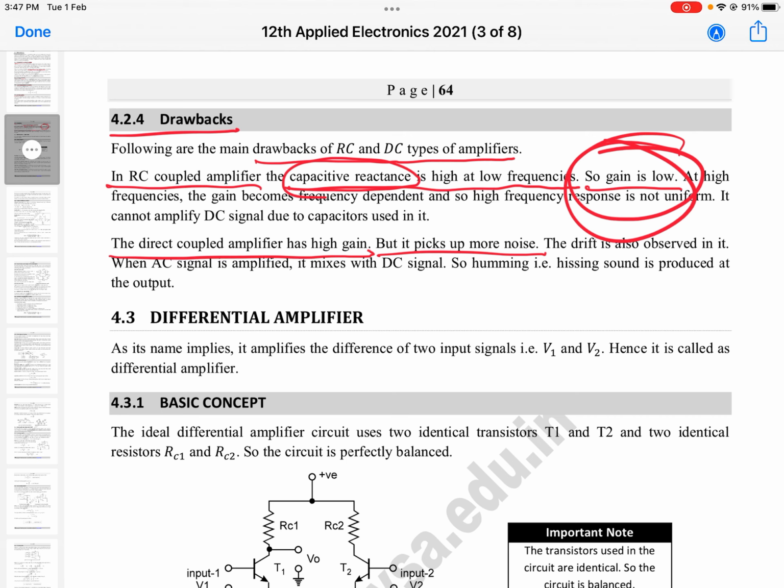Since the noise is also available at the output in the direct coupled amplifier, its quality is poor. So in the RC coupled amplifier, the gain is low but quality is better. In the DC amplifier, the gain is high but the quality is less. So these are all the points which we wanted to study in the first introductory part of this chapter, and from tomorrow we shall start with the differential amplifier. Thank you.